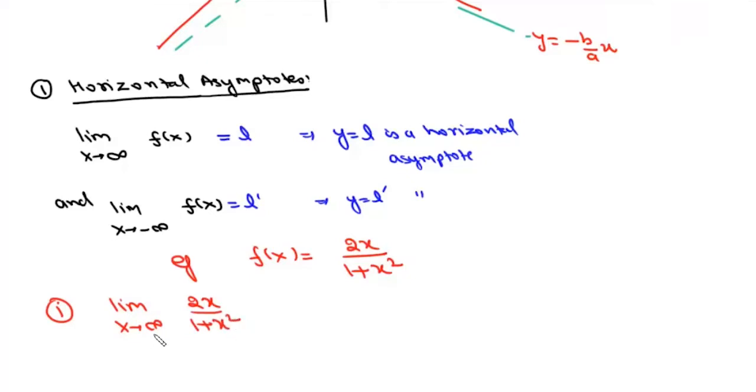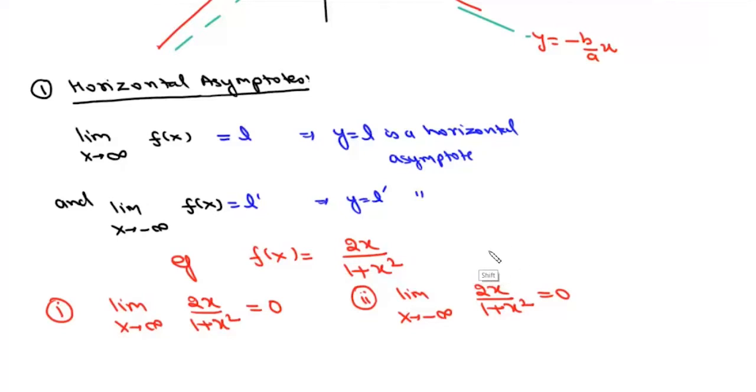Now this is an infinite limit. Degree of numerator is less than degree of denominator. That means the value of this limit will be 0. In the same way, we'll calculate this other limit, which is limit x tends to minus infinity 2x upon 1 plus x square. It will also be 0.